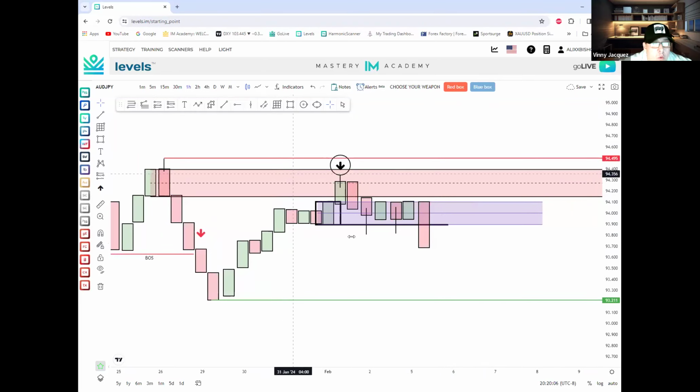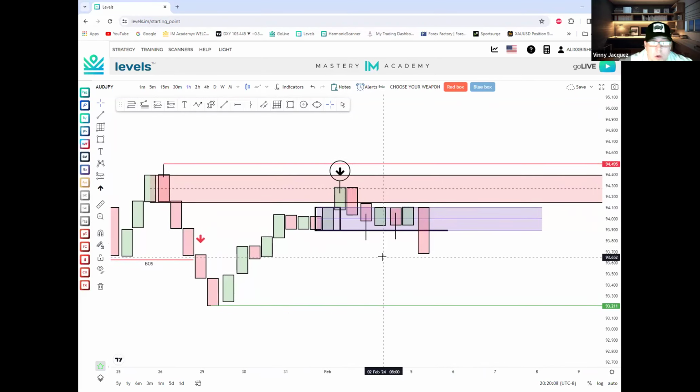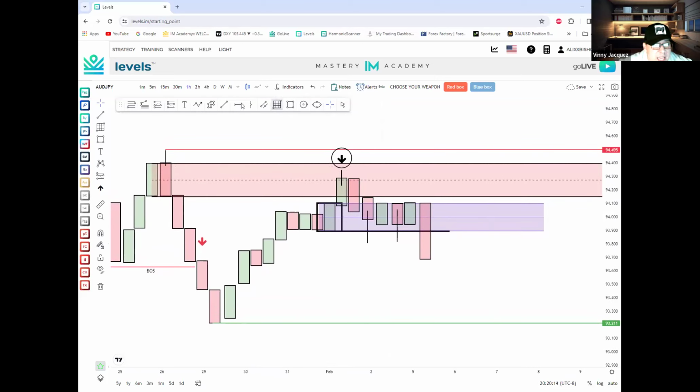Okay? So now what are we looking to do? We're looking to take a break and retest off of this box. Now, I know you guys can probably see the head and shoulder. Shoulder, head, change of character. Awesome. Right? That's super, super cool. Now, what if you see the shoulder, a starting point, and a value box?